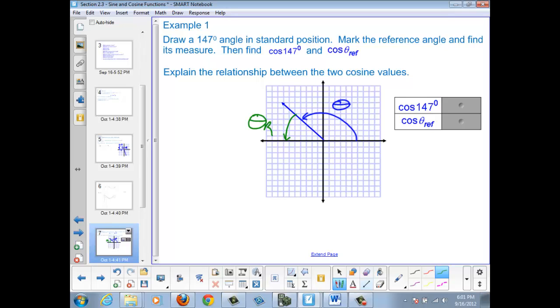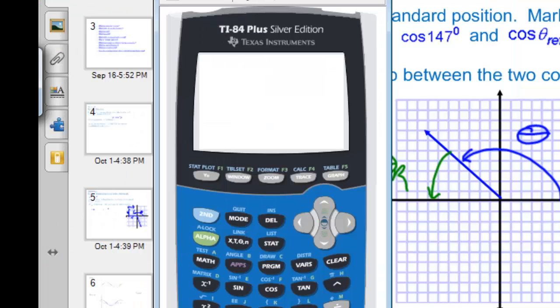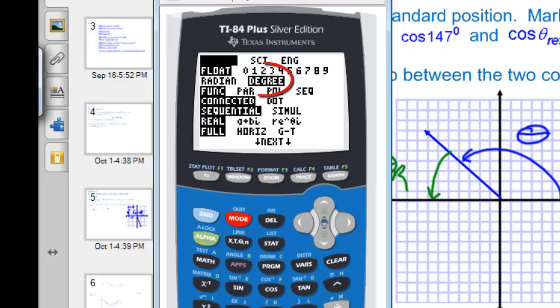Let's find the measure. It's in the second quadrant, so the measure of our theta reference would be 180 minus 147, or 33 degrees. Now, let's find the cosine of 147 and the cosine of 33. Pull out our calculators. We want to check and make sure in our mode that we are in degree mode, not radians. We are.